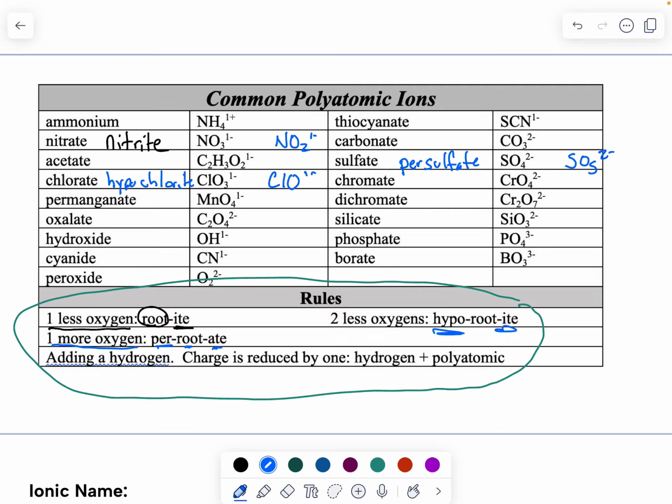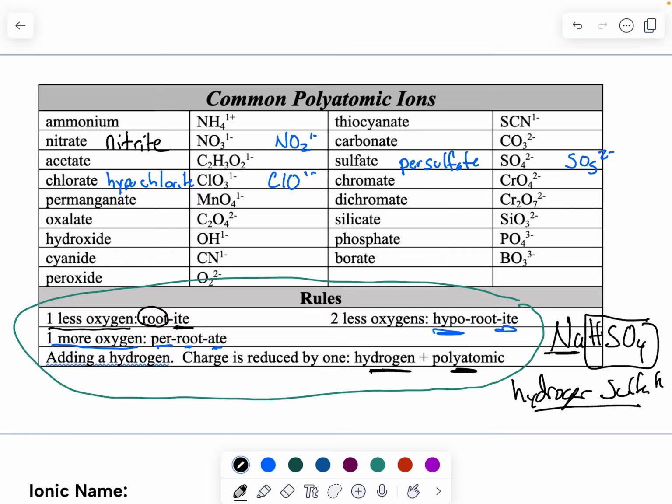If you see an ionic compound that all of a sudden has a hydrogen shoved into the center of it, that just means the name is hydrogen plus the polyatomic. So sodium is still sodium, but this HSO4 would actually be called hydrogen sulfate because the hydrogen becomes part of the polyatomic ion.